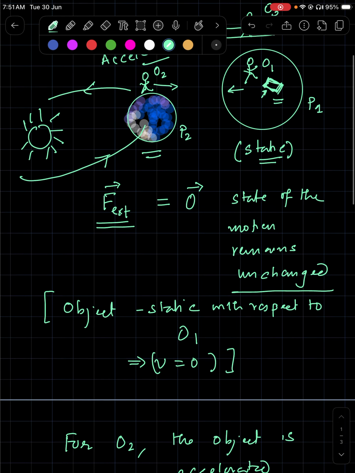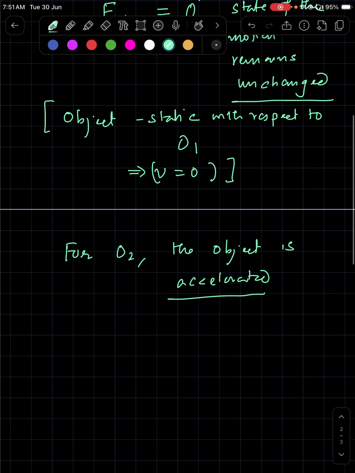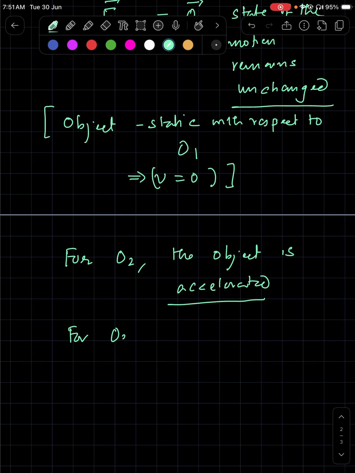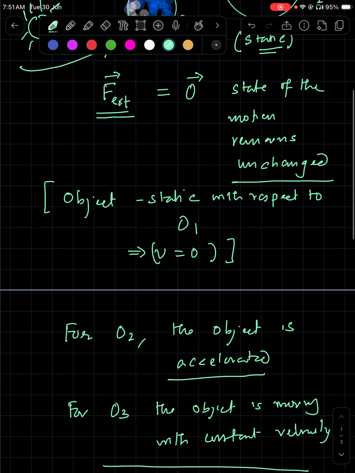So for O3, the object is moving with constant velocity. Now I think we are facing a puzzle.